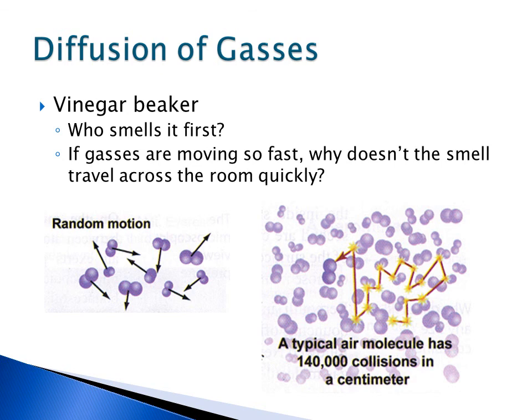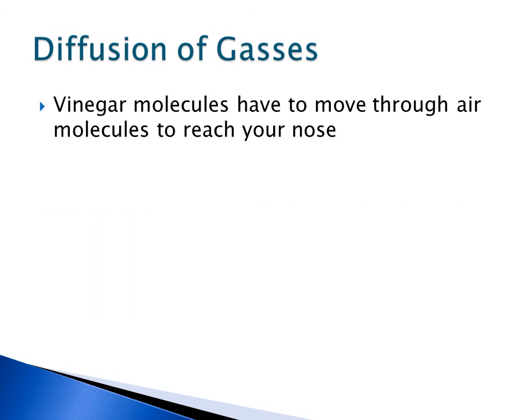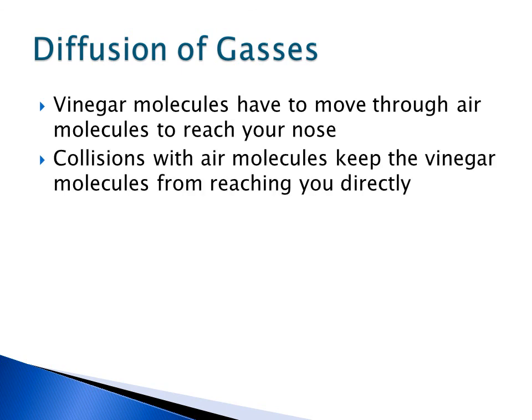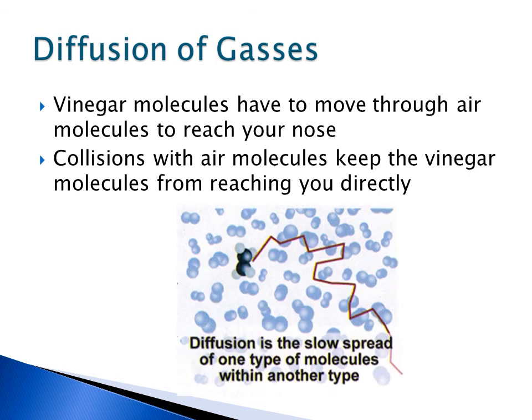So the reason why gases don't diffuse very quickly is they have to move through several other gas particles. Vinegar molecules have to move through those air molecules to reach your nose. Collisions with the air molecules in between are keeping the vinegar from reaching you directly. So diffusion is a very slow spread of one type of molecule within another type.